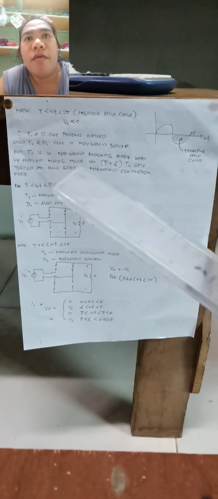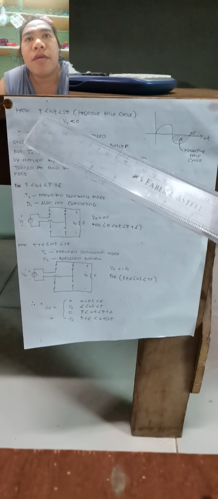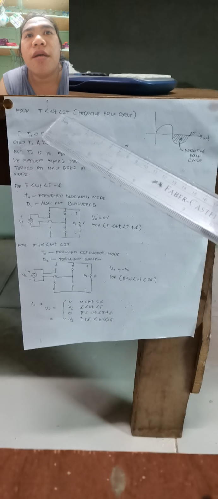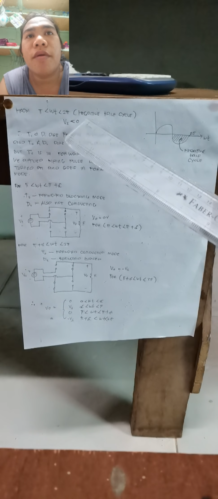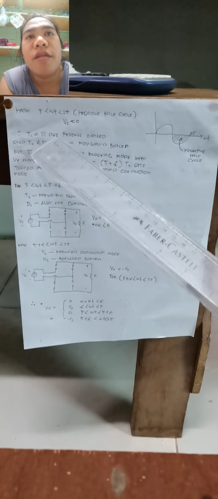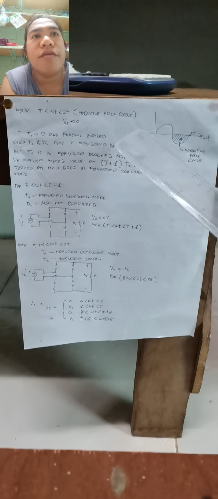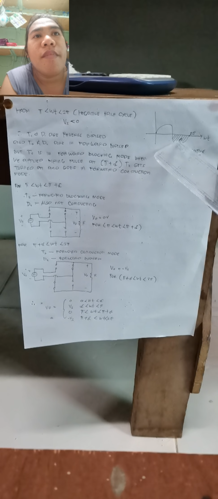From π less than ωt less than 2π, negative half cycle, at this point V is less than 0. This is the diagram of the negative half cycle.